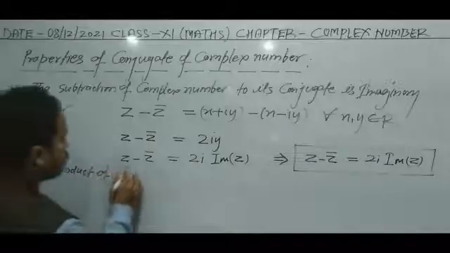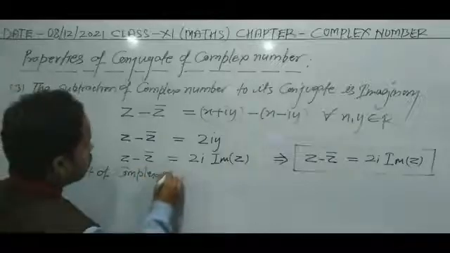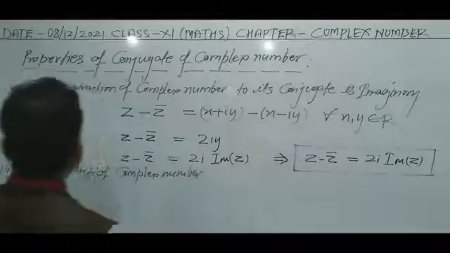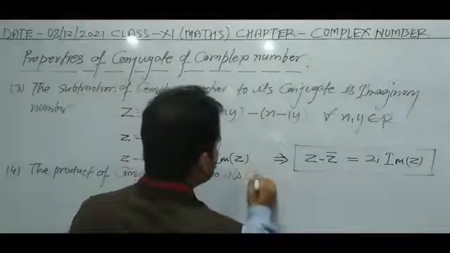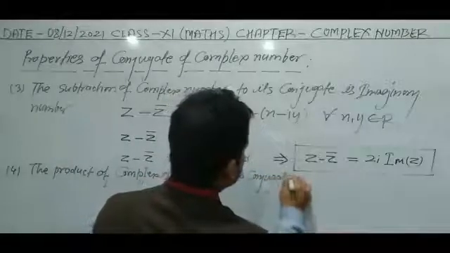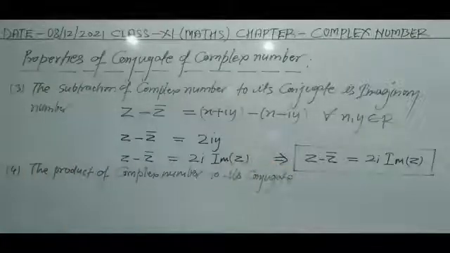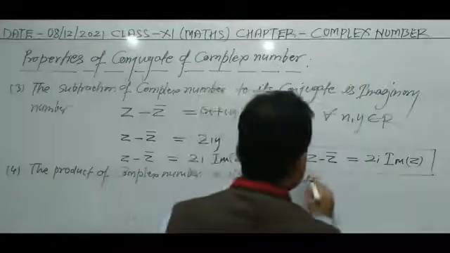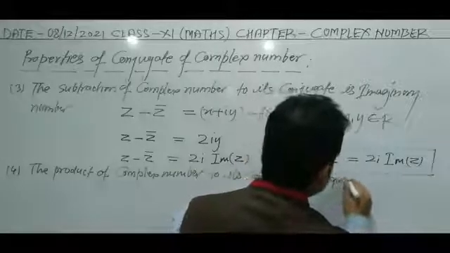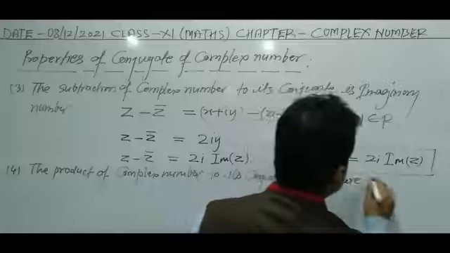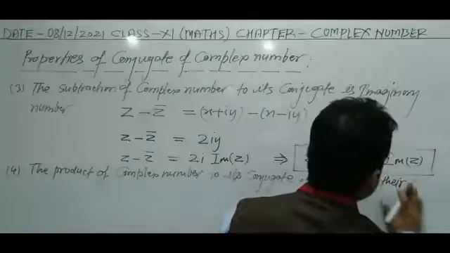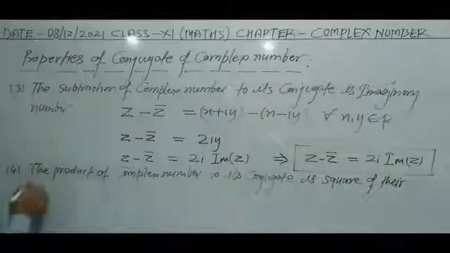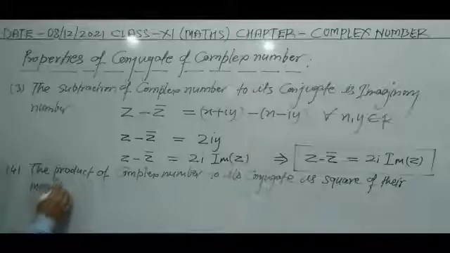The product of complex number to its conjugate is square of their modulus.